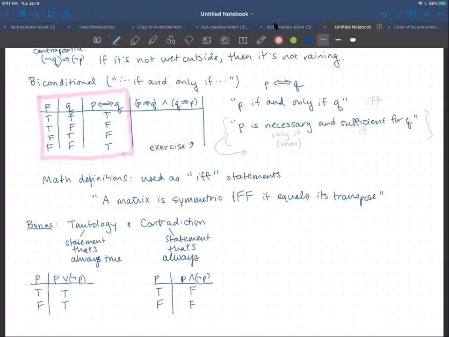P only if Q is saying P implies Q, and P if Q is saying Q implies P. Anyway, I'm going to stop talking and write exactly what I mean for you and put it in the comments. So the gist is you get both of the directions that you need here. Sorry for messing this up, not just once, but possibly twice.